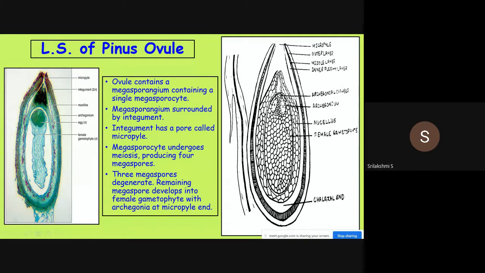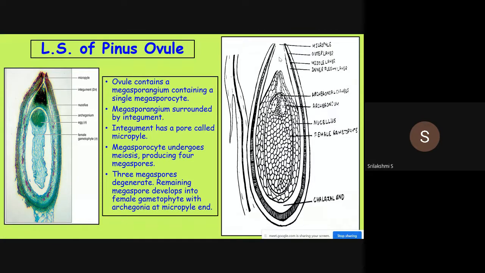At the center, it has the nutritive tissue, which is called the nucellus, and the micropyle will lead into the pollen chamber.